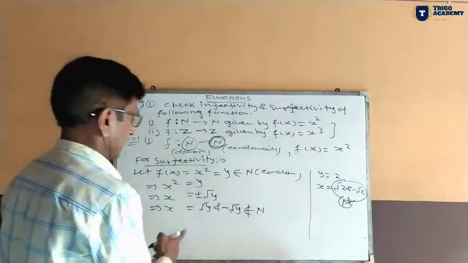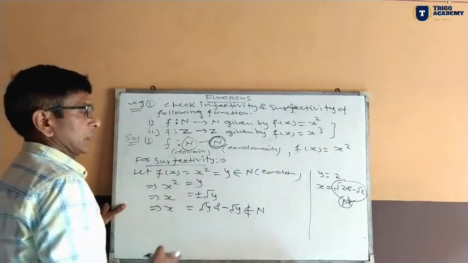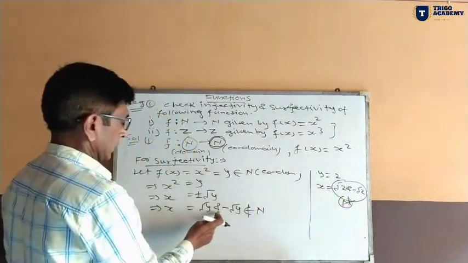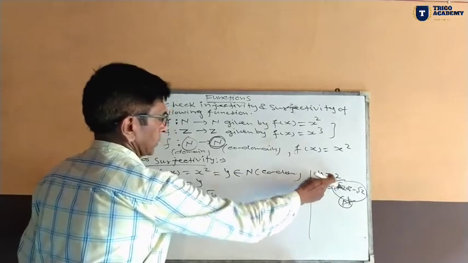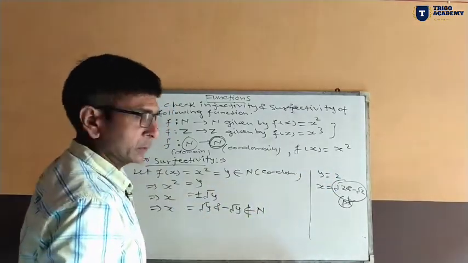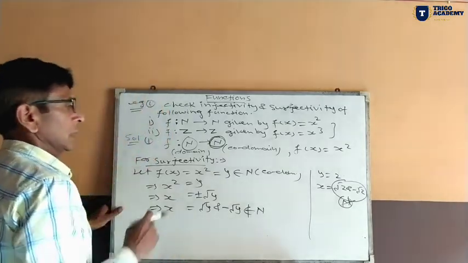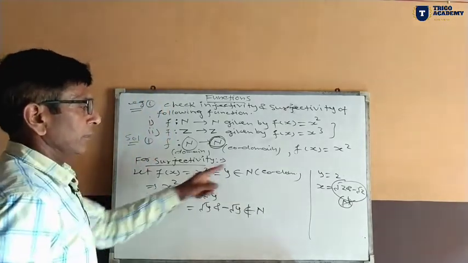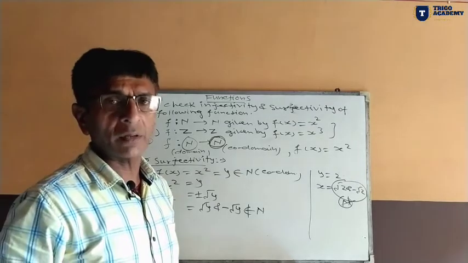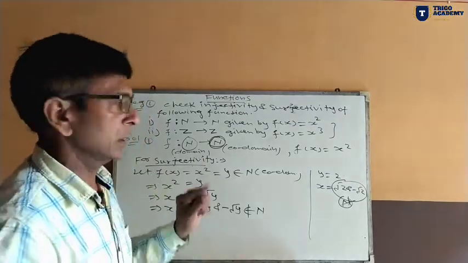Due to this, element 2 in the codomain doesn't have any pre-image in the domain. It means many elements of the codomain are vacant without pre-image.